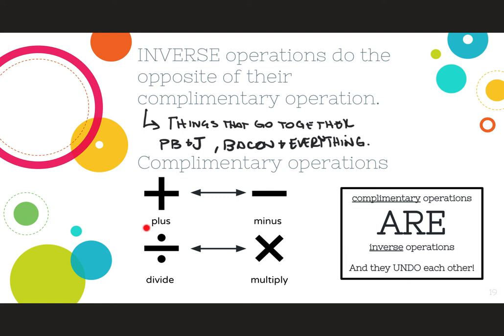So if you have a plus, to get rid of it, you do a minus. If you have a minus, to get rid of it, you do a plus. They are opposites. Our inverse operations are also complementary. They go together, but they also invert, or, let's write it down.